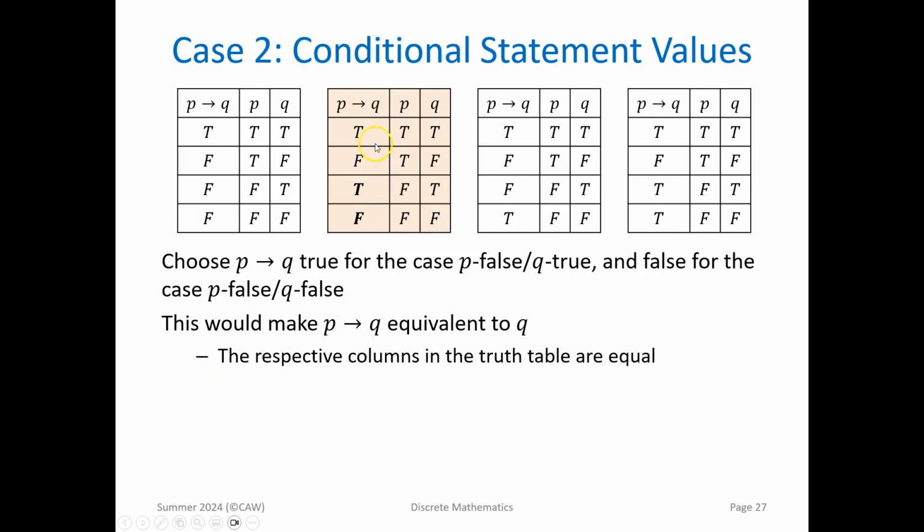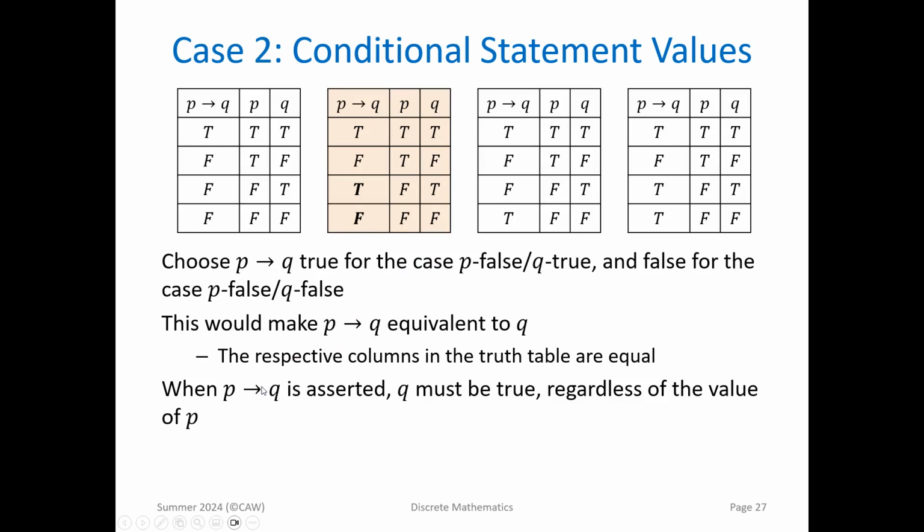But take a look at the columns. If I read down the P then Q column, I have true, false, true, false. If I read down the Q column, I have true, false, true, false. In other words, I now have a table where P then Q is equivalent to Q, because the respective columns are equal.